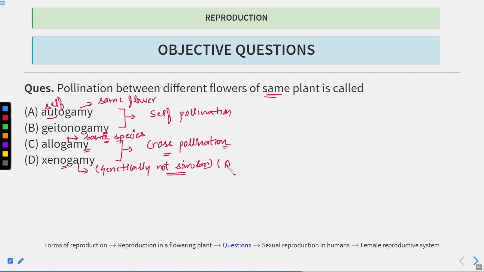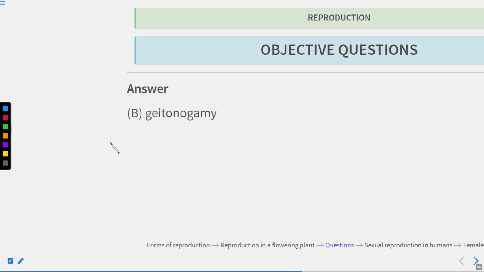Here you can write another plant. In allogamy also, the pollens are transferred to other plants of the same species. Clear? So what should be the answer here?